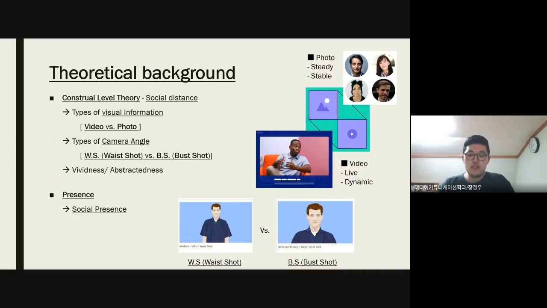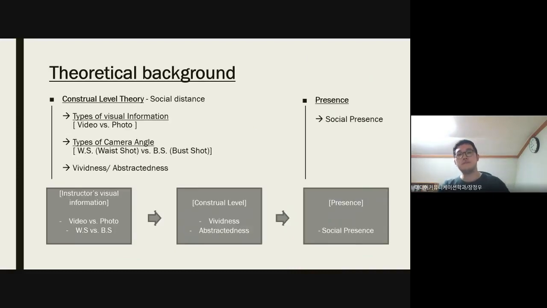And the vividness generated at the construal level leads to presence that the user perceives in the online environment. So, the more detailed and specific the picture about the subject, the more detailed and vivid the information will be.